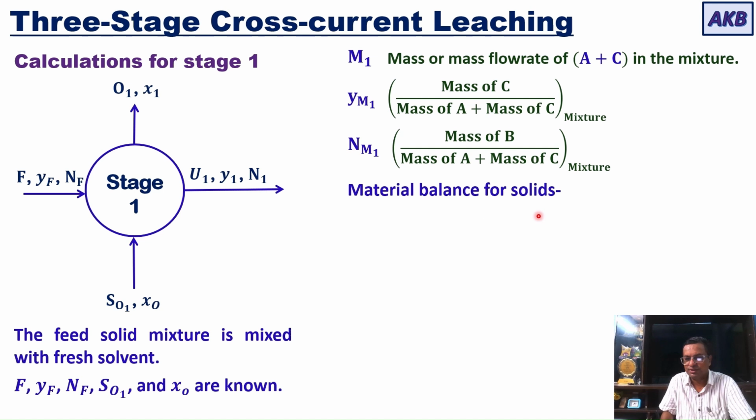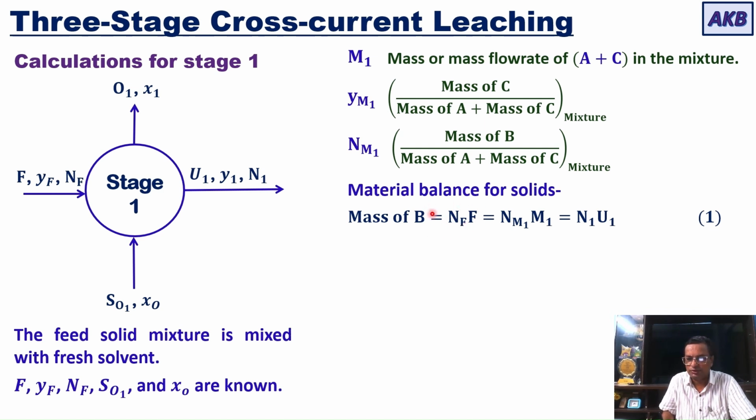So in my discussion on single stage leaching, I have told you how to write the material balance. So you please watch the video if you have not yet seen that. So mass of B in the entire system that consists of 3 stages is equal to mass of B that is present in the feed.